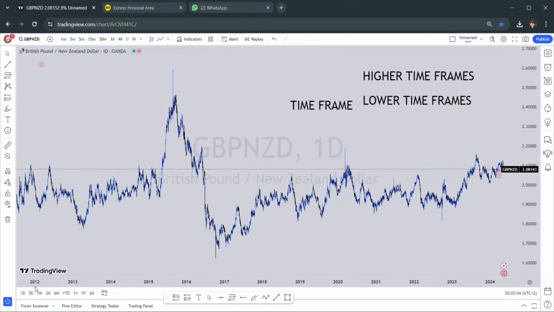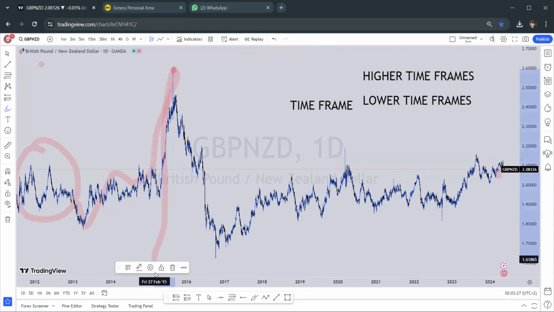This is 2020, this is 2012, right? That means from 2012 on GBP NZD, the market has been this way. You see how the market has been pushing down, all this, right? We go to this level, this happens to be 2015.